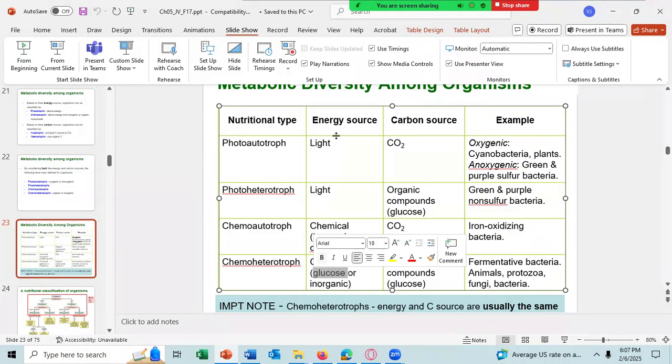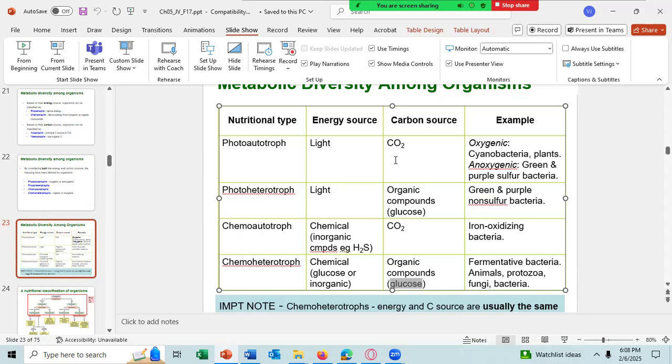And then we get our carbon needs also from an organic chemical compound, largely glucose. And yes, for chemoheterotrophs, oftentimes the molecule which supplies the energy is the same molecule that supplies the source of carbon. That isn't always the case.